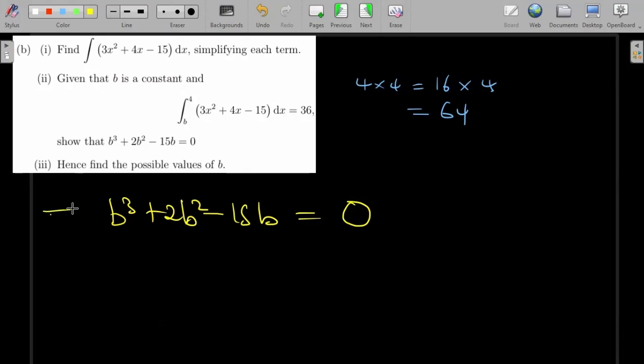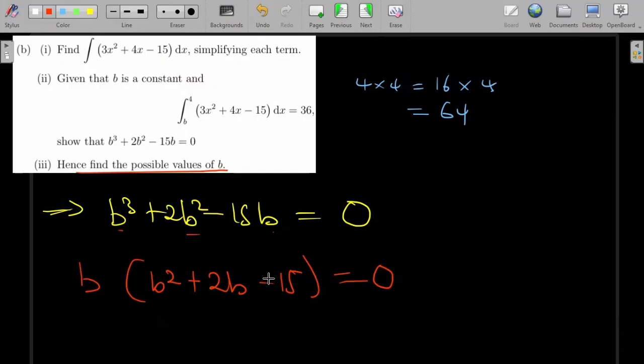All right, so once we show this, the next question is: hence find the possible values of b. Here we see that b is common. So we can factorize the b, remaining with b squared plus 2b minus 15 equals 0. This means that b is equal to 0, and whatever we have inside here is also equal to 0.